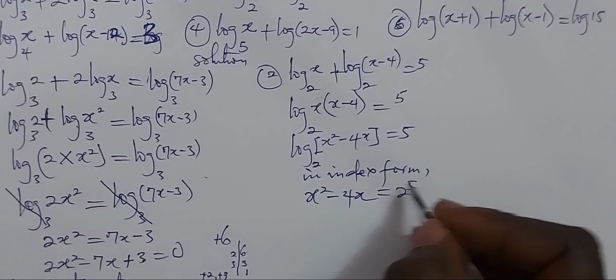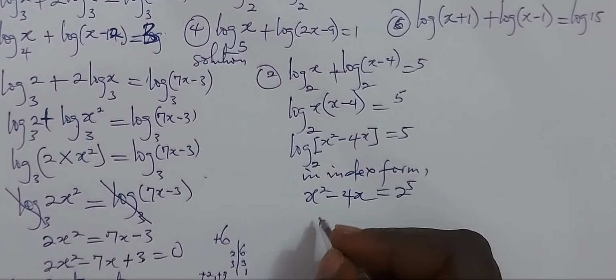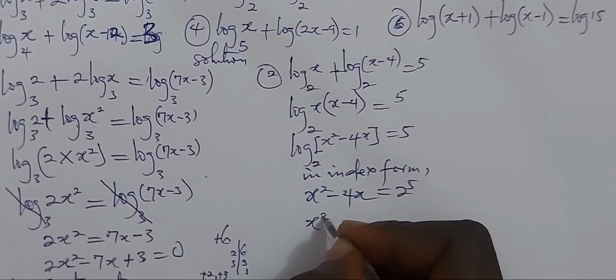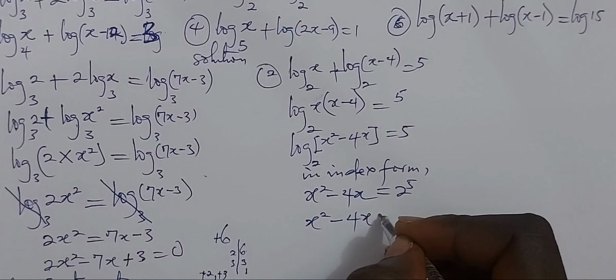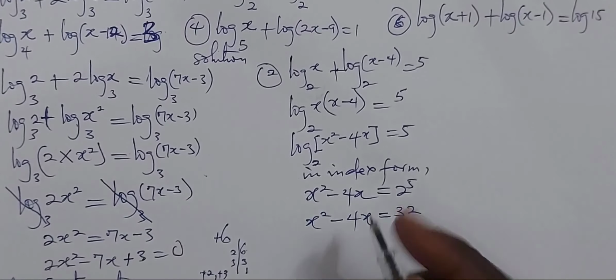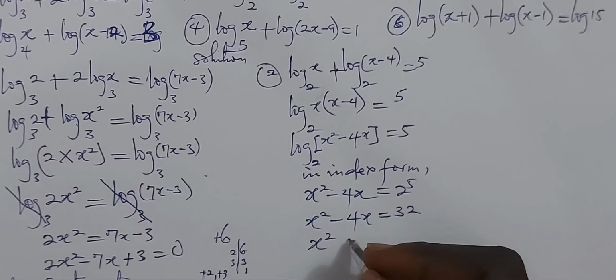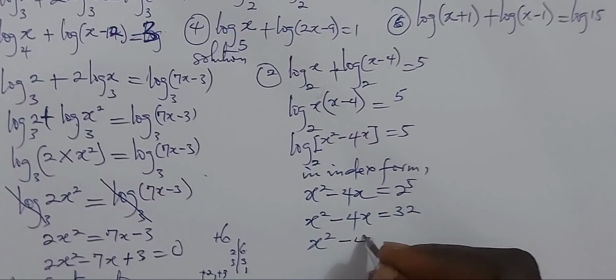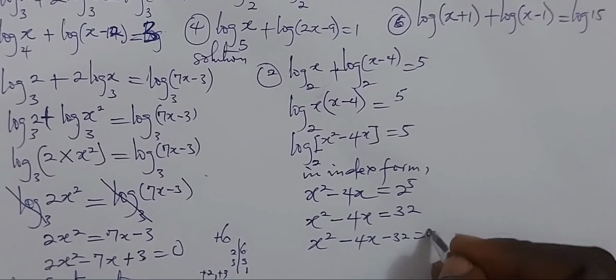So we now have to bring this one back. 2 raised to the power of 5 is 32. So you bring the 32 back to here to form your quadratic, equals 0.